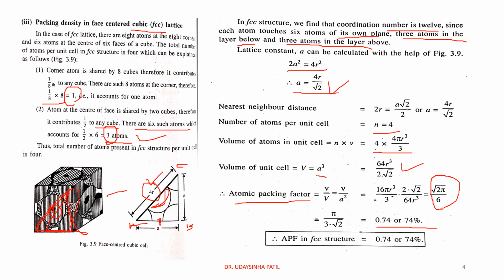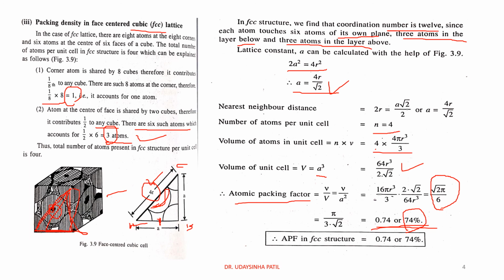Therefore by stacking of layers A, B, C continuously, occupying the maximum space efficiently and effectively, we can't occupy 100% space, we have occupied only 74% of the total space, and still there is 26% of space that remains unoccupied, which is in the form of voids or interstitial voids, holes.